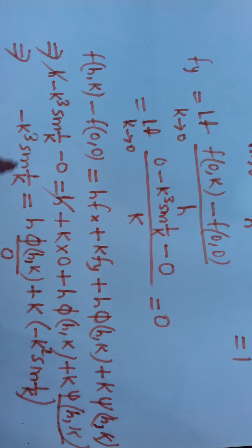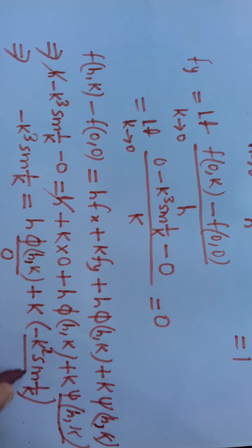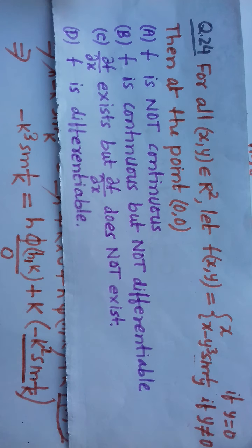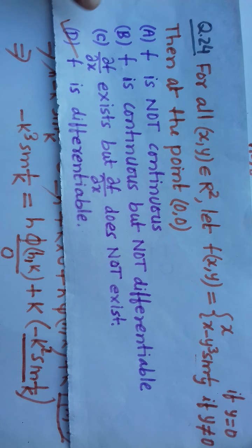Then these two sides are equal, and we know that the function tends to 0 if we tend h,k to 0. Similarly, this is also 0 if we tend h,k to 0, then this tends to 0. So the conditions to be a differentiable function are satisfied. So f is a differentiable function, so D is our correct option.